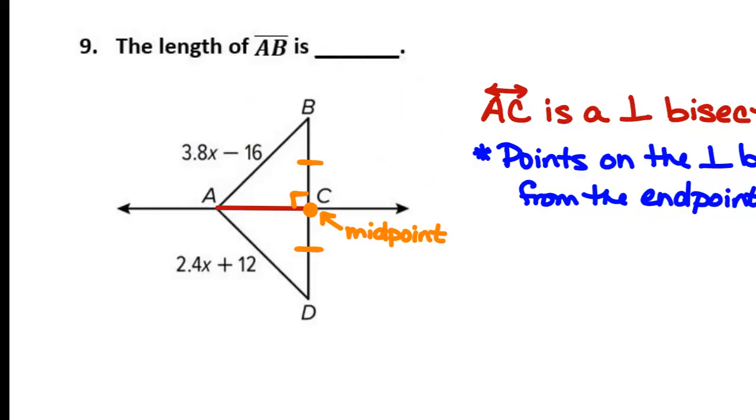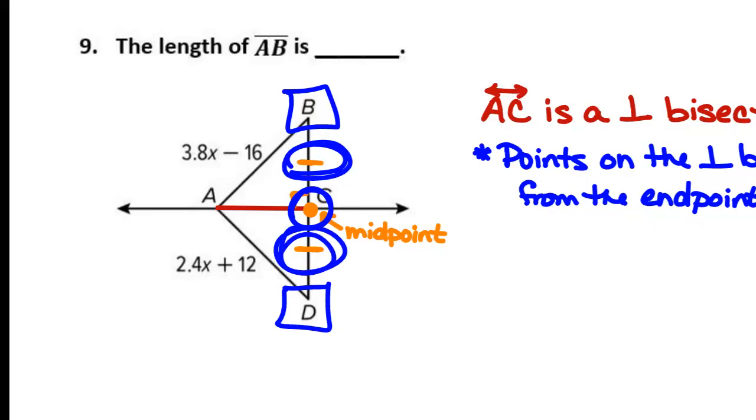And I can see that right here with point C. Point C is equidistant from B and D. That's what these little congruence marks here are telling me.